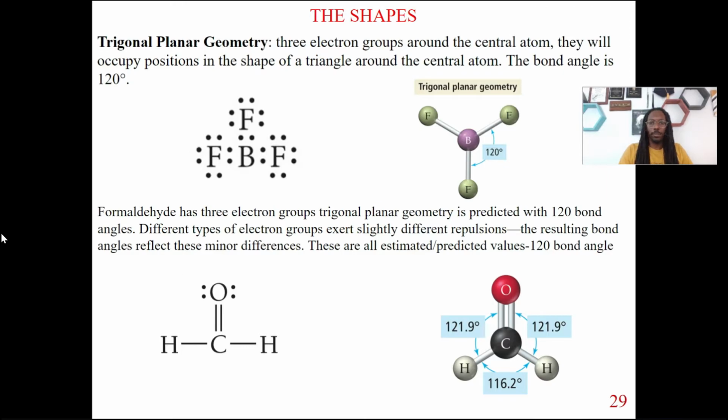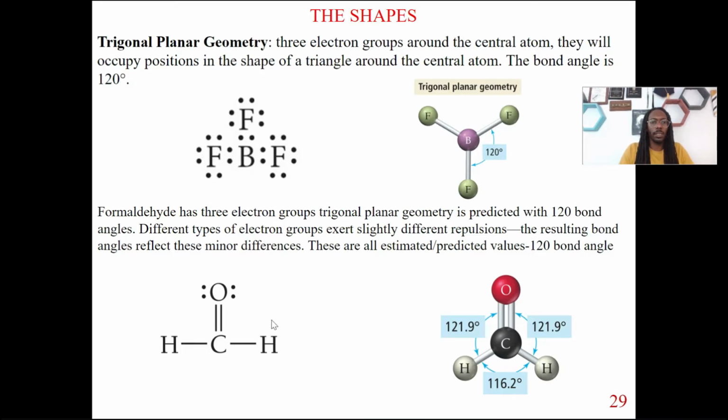Now, one thing I'd like to note is that the 120 is kind of an estimate. If we think about formaldehyde, the central atom is carbon, and then we have our three electron groups, or three arms: oxygen, hydrogen, hydrogen. So it's going to have a trigonal planar geometry, of course. But depending on your electron groups, you might have a slight difference in a bond angle.